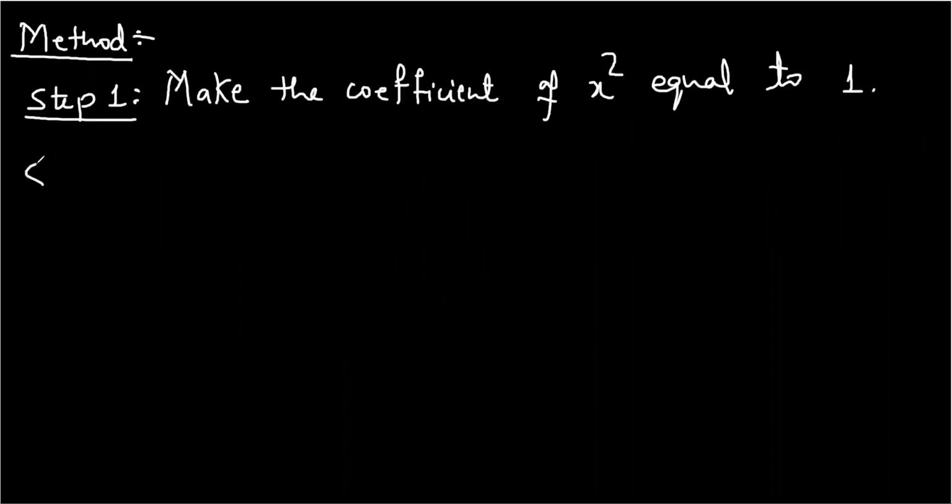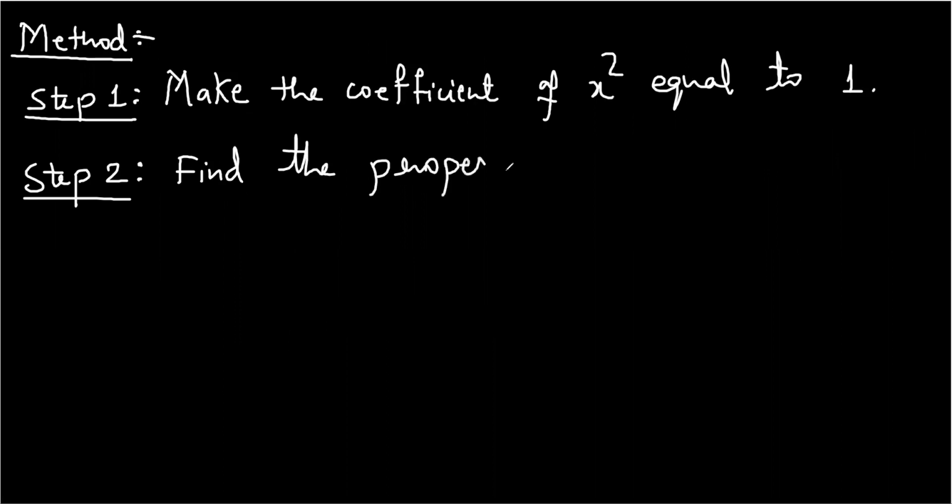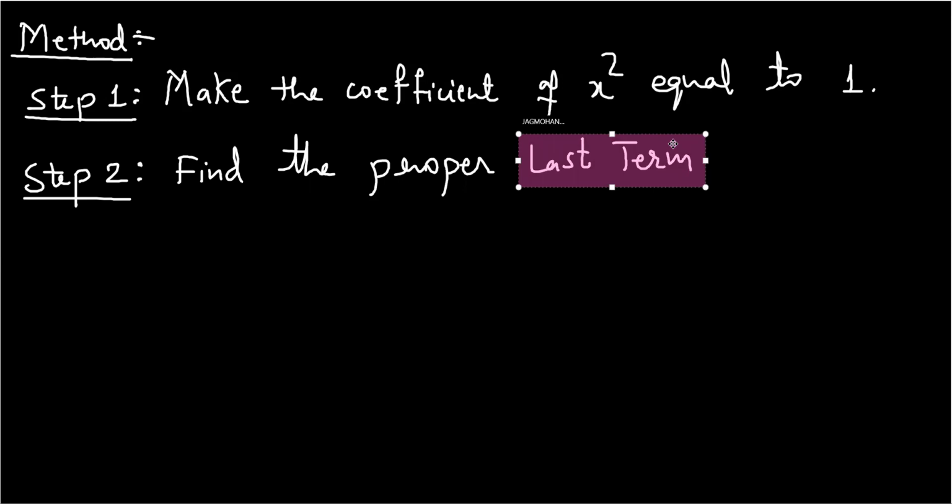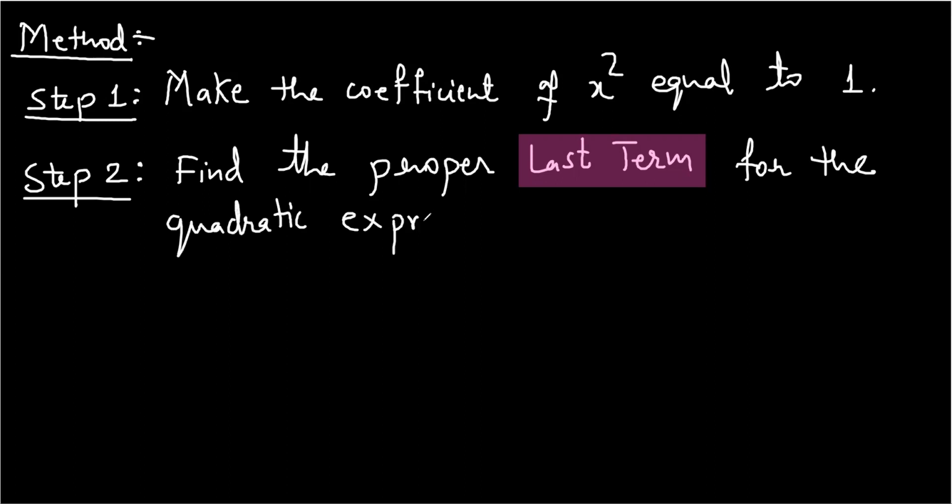Then step 2 is find the proper last term for the quadratic expression, using the formula.